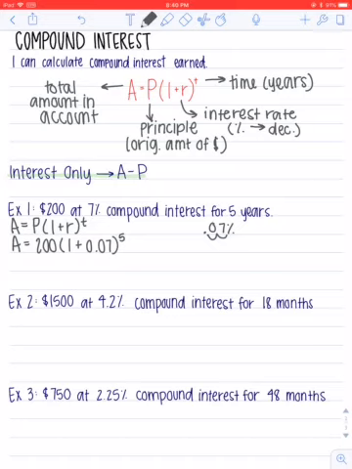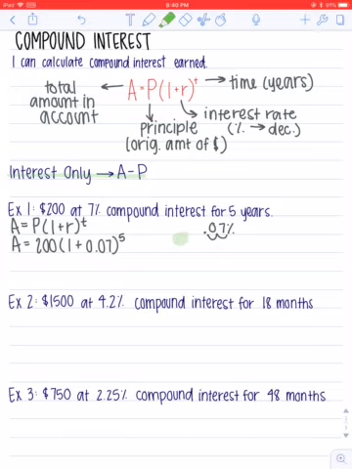You can type this entire line of numbers into your calculator. You do not have to figure out what 1 7/100 is to the power of 5. You have a calculator that you are allowed to use, so please use it. You would type this in, 200, open parentheses, 1 plus 0.07, close parentheses, and then you use the button.